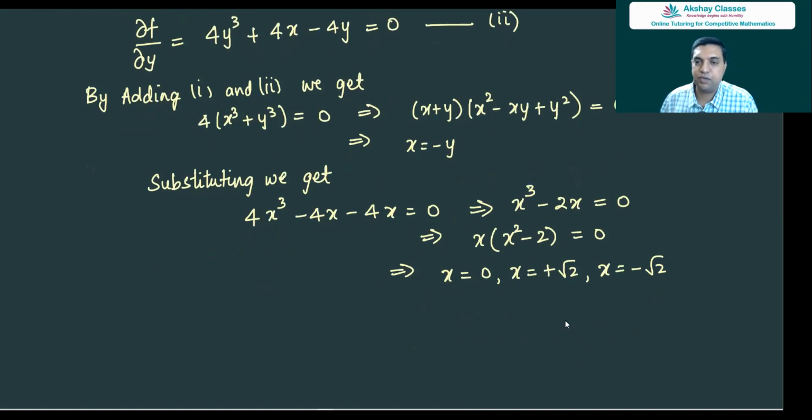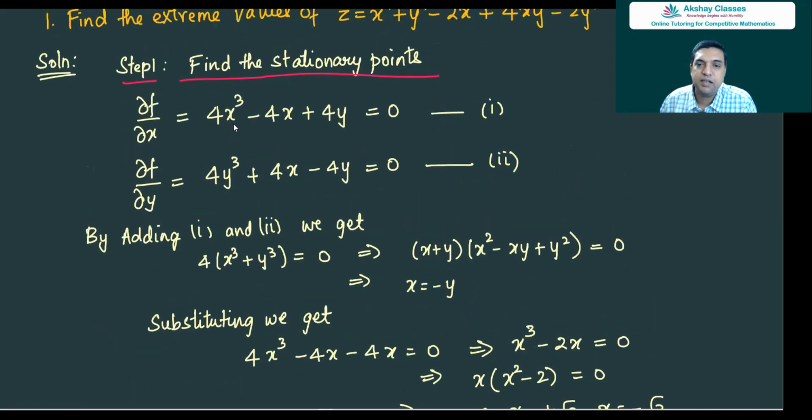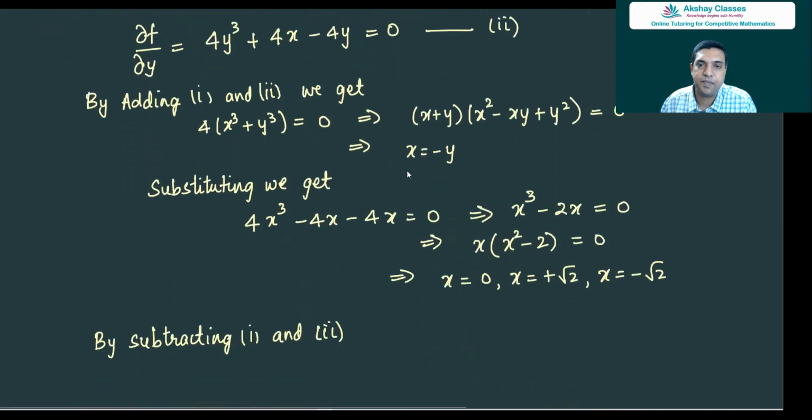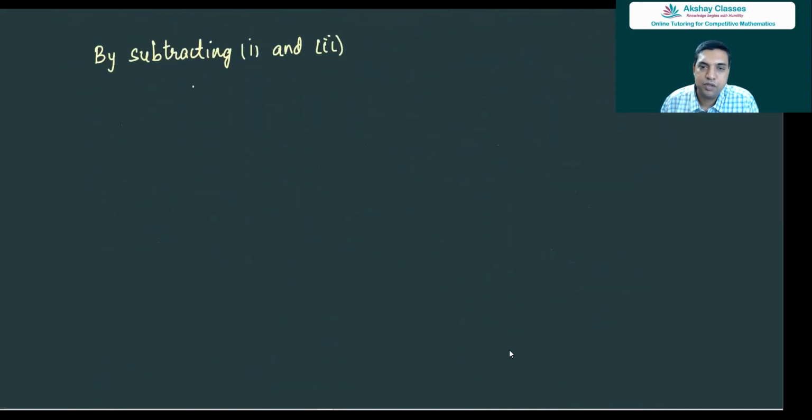So we got 3 points. Now let us subtract and see. By subtracting 1 and 2, 1 minus 2, we get 4 times x cube minus y cube, then minus 8x plus 8y equal to 0.